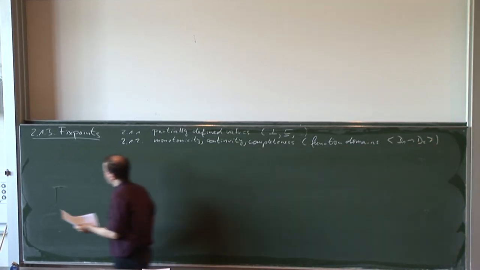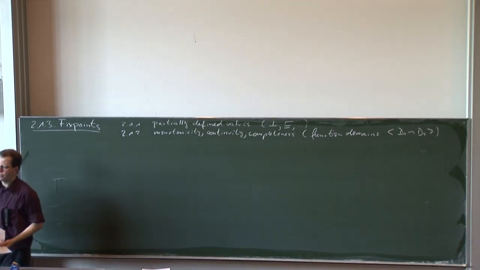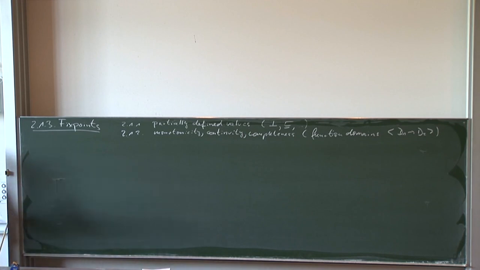And now we can finally say, if we have a Haskell program with recursion typically, then what will be the semantics of the function that is defined in this Haskell program?